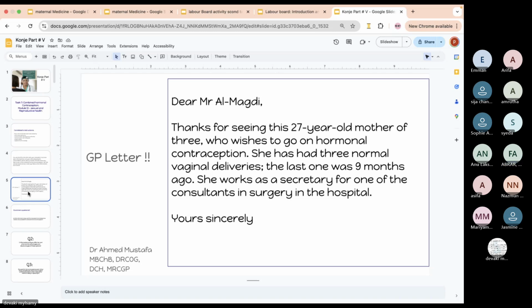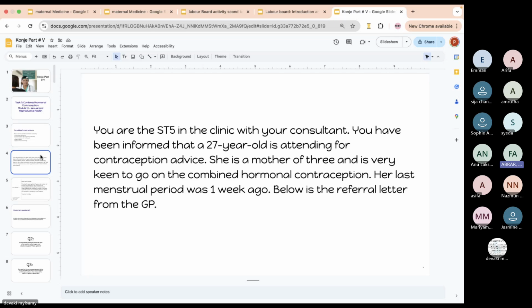Okay. Can I see this second page, please? Clinic name is not given. Starting your 10 minutes time.